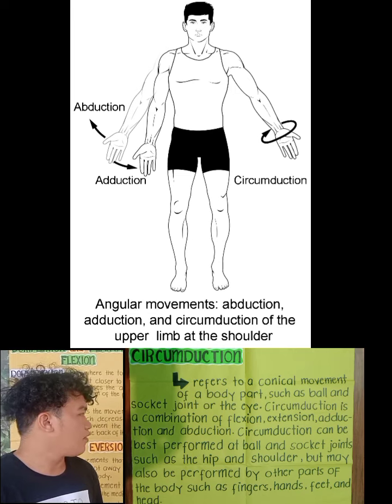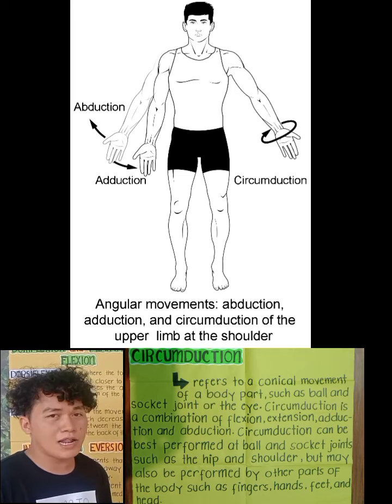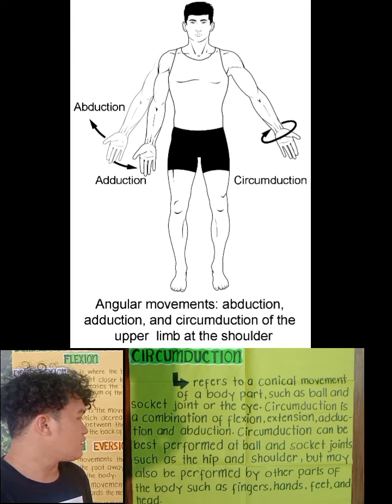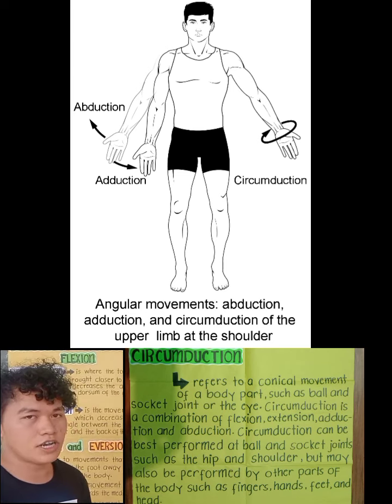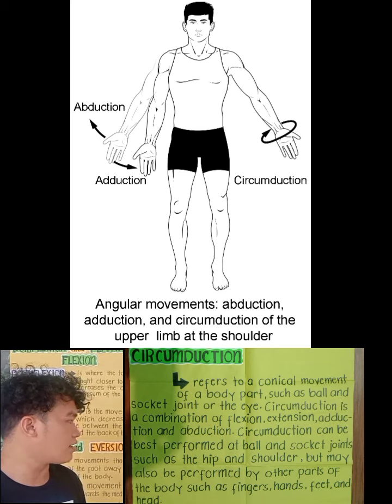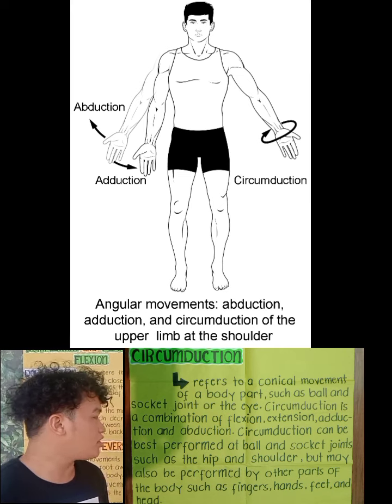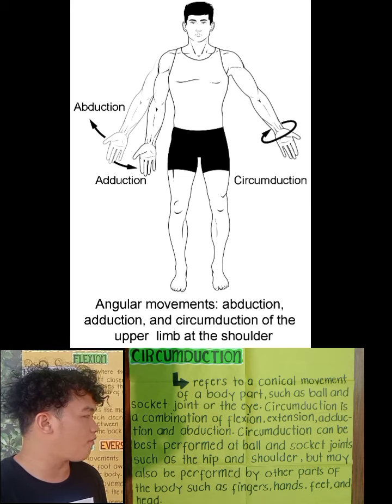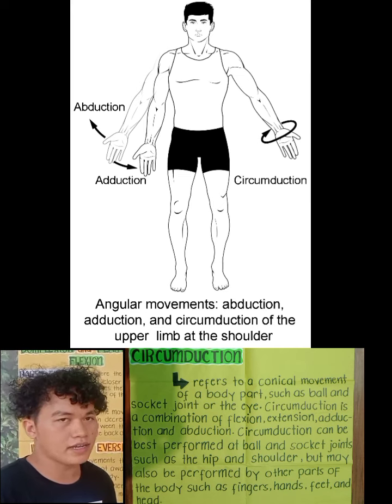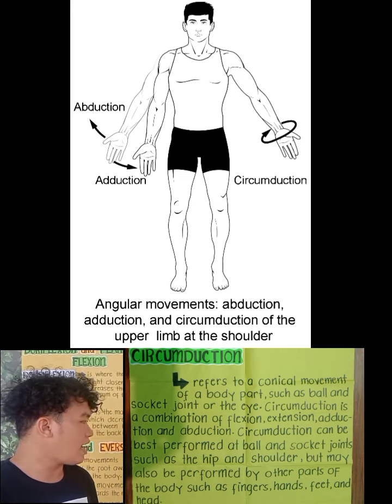Circumduction refers to a conical movement of the body parts such as a ball and socket joint or the eye. Circumduction is a combination of flexion, extension, adduction, and abduction.